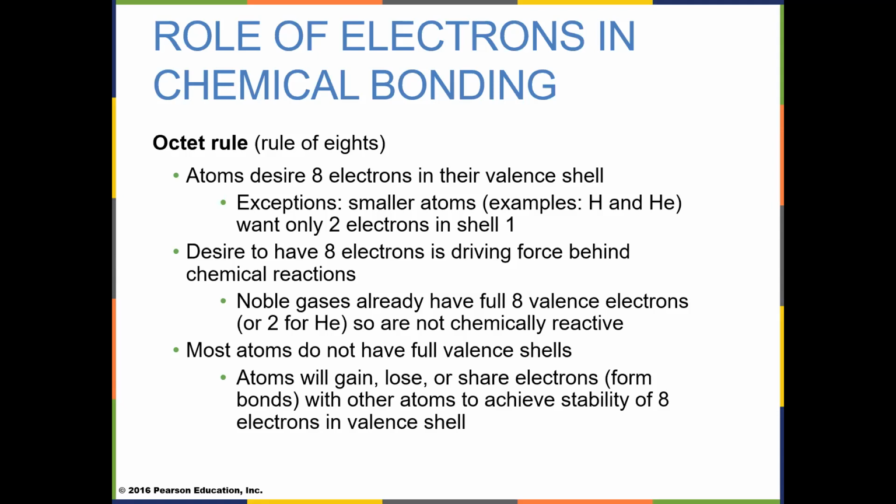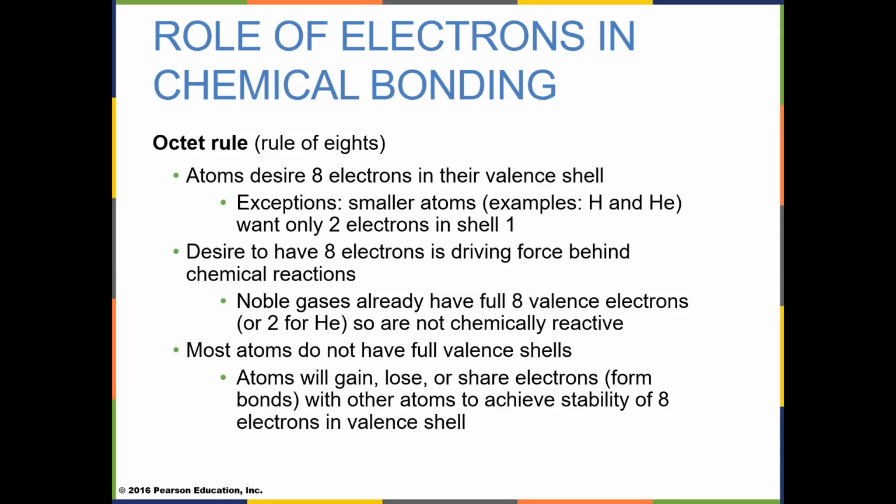Neon is considered an inert gas. Helium is an inert gas. Argon and krypton, the rest of the noble gases, that's why we call them the noble gases, I guess. Or maybe Alfred Nobel discovered them, one or the other. They are non-reactive. They are inert because their valence shells are completely full.